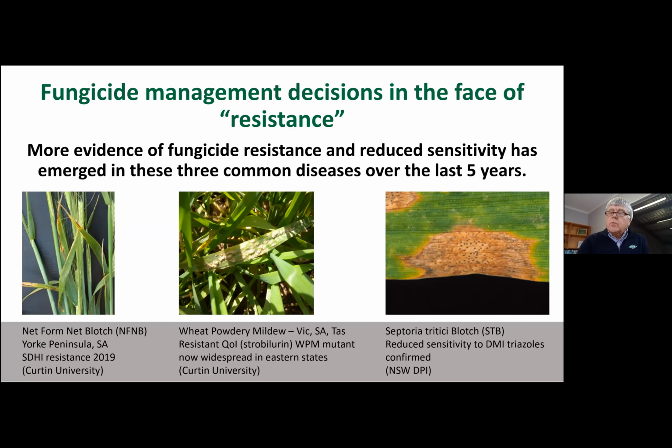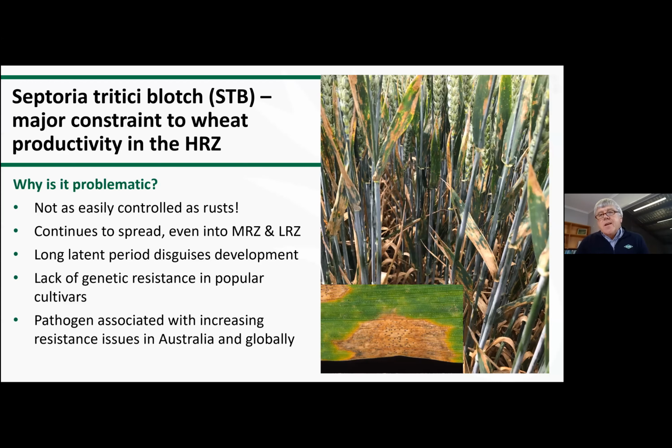Why is it difficult to control this disease? Well, if you look at it, the first thing is it's nowhere near as easy to control as the cereal rusts were that we had through the 2000s. The other thing we're noticing, probably because of susceptibility in some of our germplasm, it's moving out of the high rainfall zone into the medium and low rainfall zones, even though we've had some pretty dry seasons.